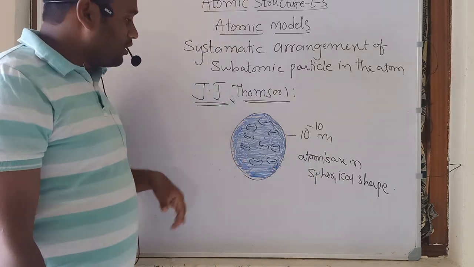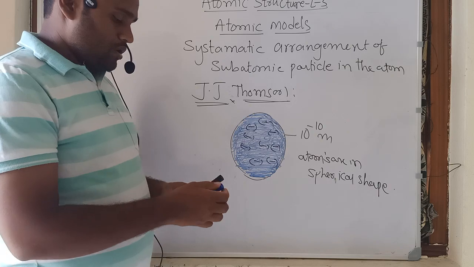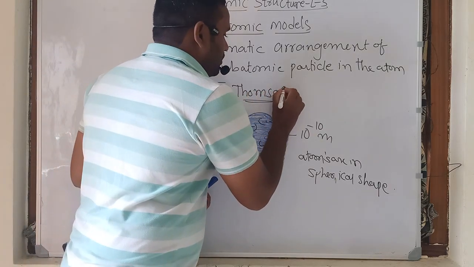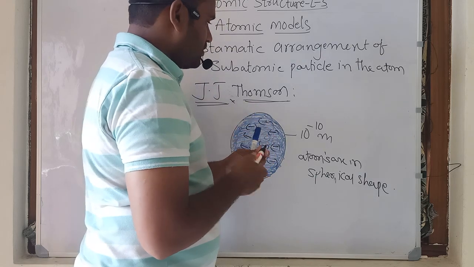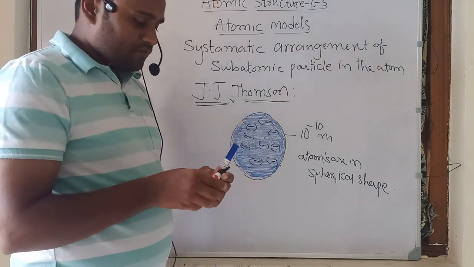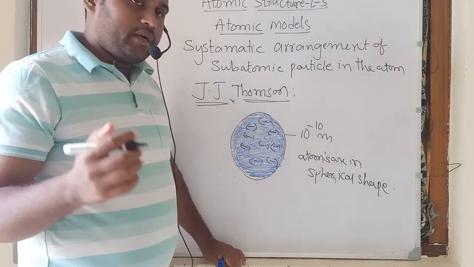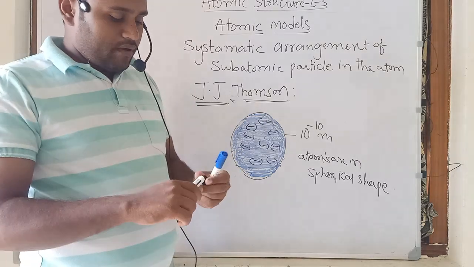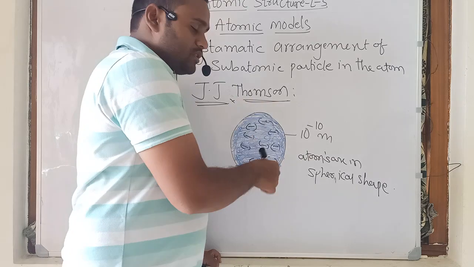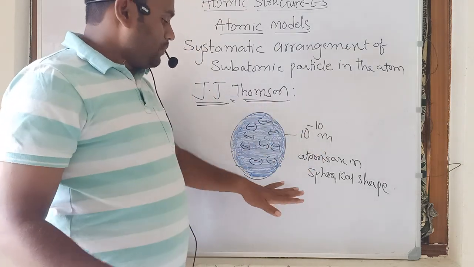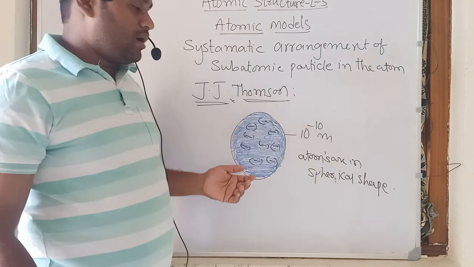The first atomic model is given by J.J. Thomson. We already know J.J. Thomson discovered the electrons, and he also got the Nobel Prize in chemistry for the discovery of electrons. According to Thomson, atoms have a spherical shape, like a cricket ball or volleyball, and the total positive charge is spread throughout the atom.